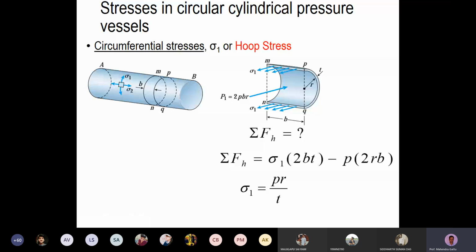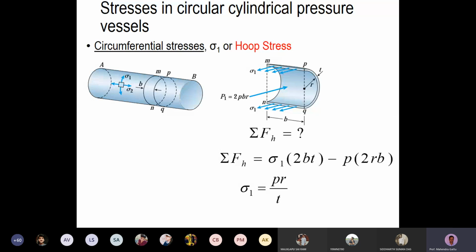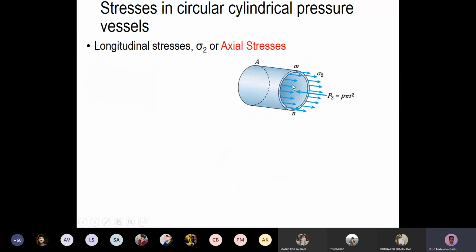Now we can calculate the axial stress. Again, we'll cut a cross section perpendicular to the length, and once we cut it, we can draw the free body diagram. These are the stresses on that circular annular area, and this pressure is acting. Both are balanced, so we can do the force balance and find sigma 2.